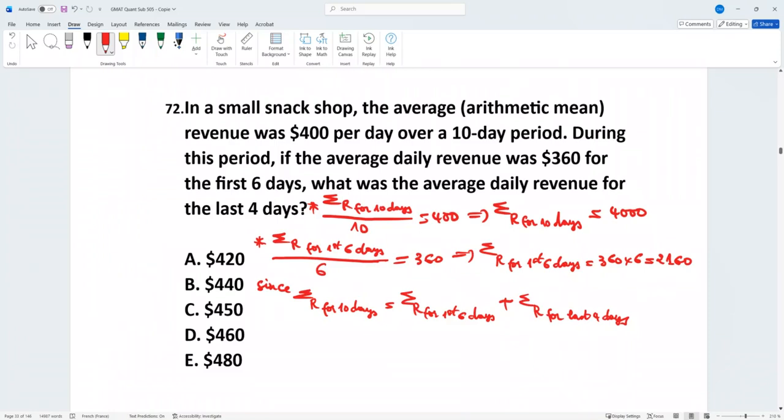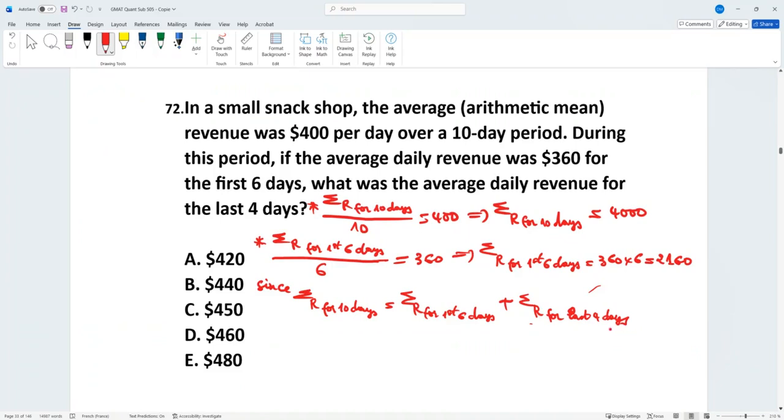So if we have taken the first 6 days, then the number of days that will remain is going to be 4. And the question is to find the average daily revenue for the last 4 days. But we need to find this value first, the sum of all the revenues for the last 4 days.